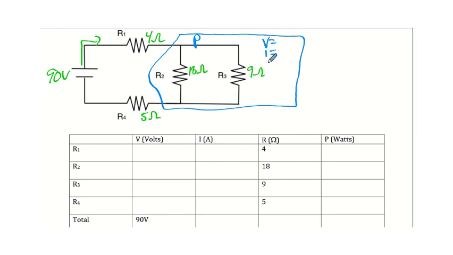Voltage, current, and resistance. Let's go ahead and use your calculator to figure out the equivalent resistance of an 18 ohm and a 9 ohm resistor in parallel. Again, I recommend using the inverse key, and I believe you are going to get 6 ohms.